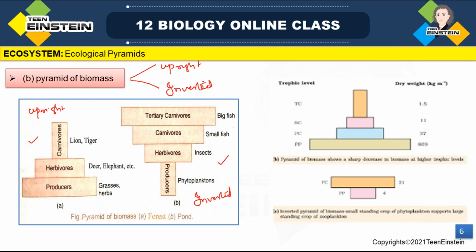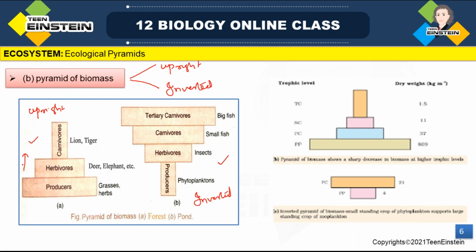So that biomass is the amount of living matter at any particular trophic level at a given time, which we have already learned. So the pyramid of biomass in a terrestrial ecosystem will usually be upright. Okay, in a terrestrial ecosystem it will be always upright.